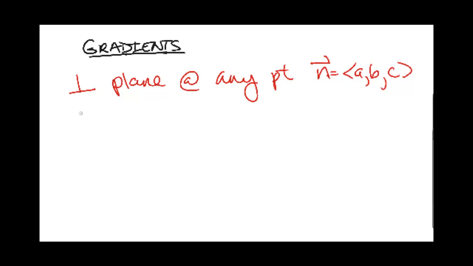The symbol for gradient is an upside down triangle, and then you do F. And the way you find it is you take the partial with respect to X and put it in the I position, partial with respect to Y, put it in the J position, partial with respect to Z, and you put it in the K position.